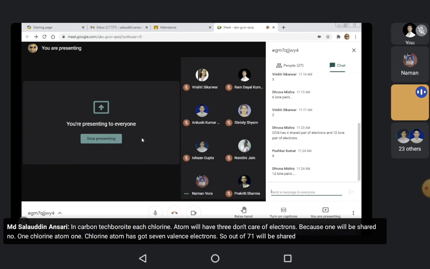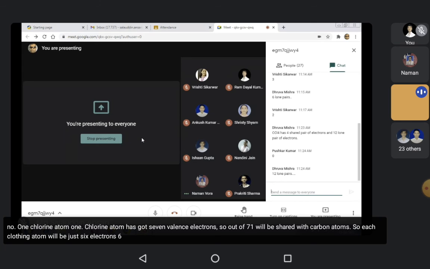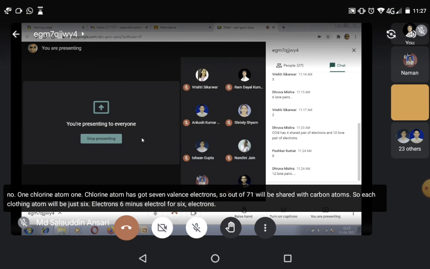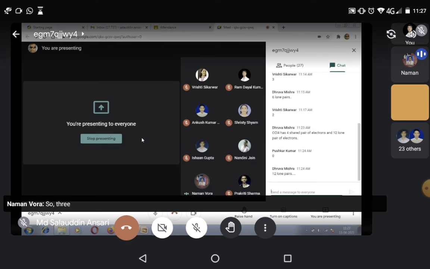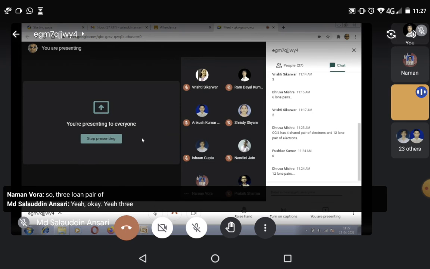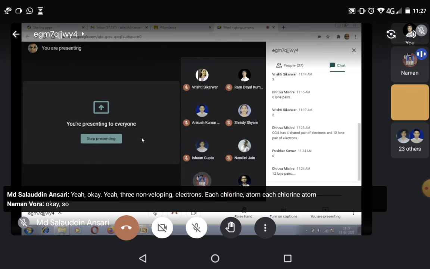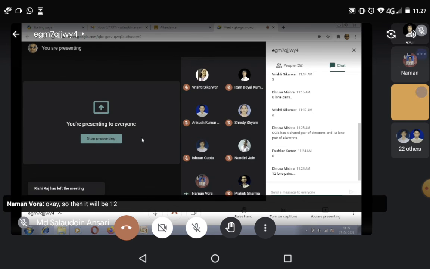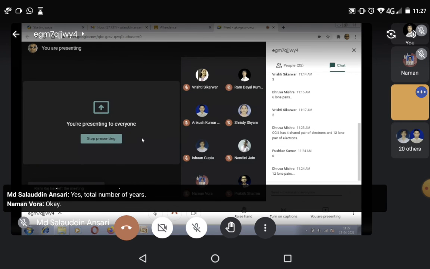Out of seven, one will be shared with the carbon atom. So each chlorine atom will be left with six valence electrons, and six valence electrons means three lone pairs of electrons. Then it will be 12 pairs in total, 4 atoms times 3, 12 pairs.